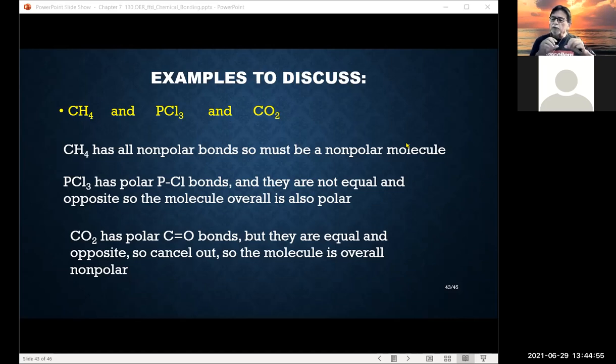So when we talk about something that's polar, we're going to say, okay, it's polar, so I would predict that this molecule will be a lot more soluble in water than this molecule. So for example, methane being all nonpolar, and keeping in mind that like dissolves like.